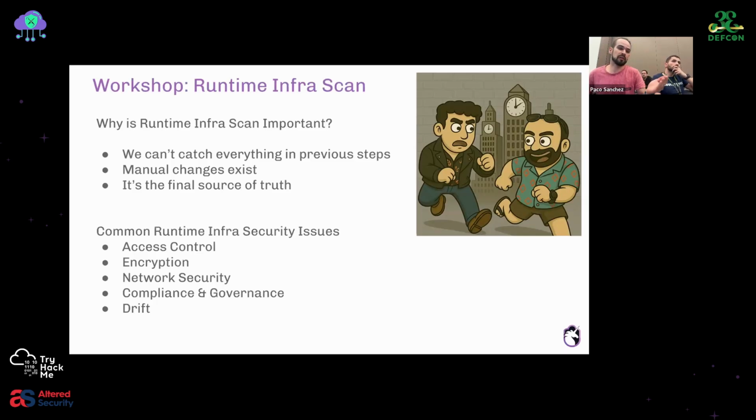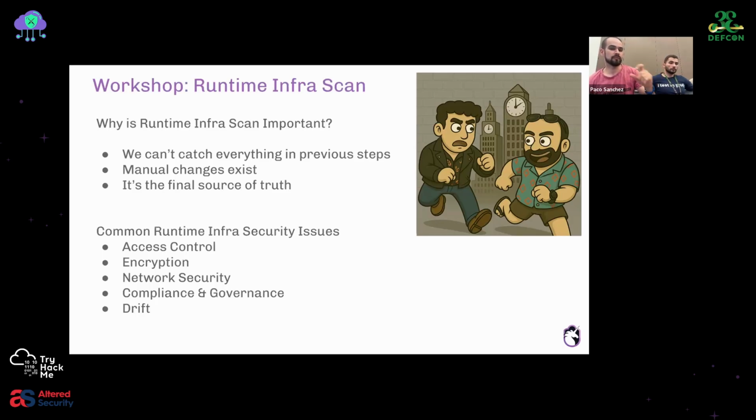Why is it important to have this step? Because the IaC scan cannot detect everything. There are some things that, because it's dynamic, or because someone created them manually, or because there is a problem with your code and it's not doing what you expect, cannot be detected in the infrastructure scan.